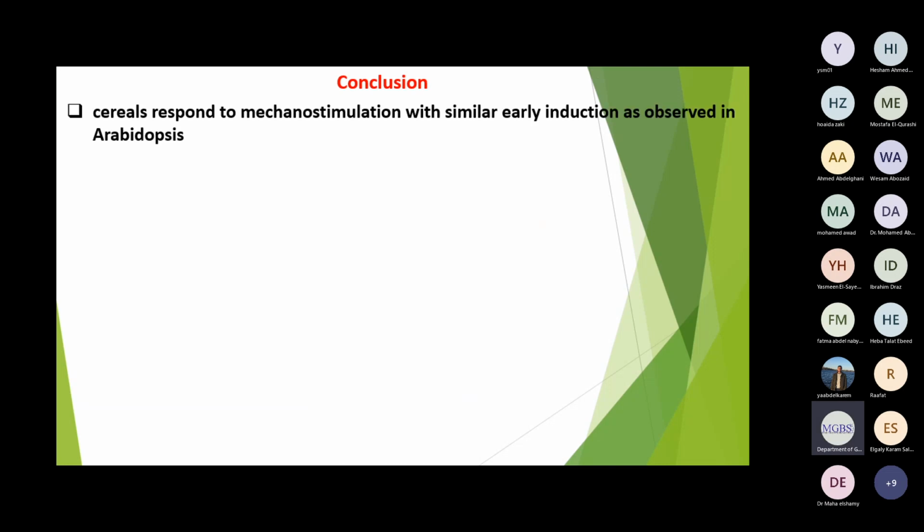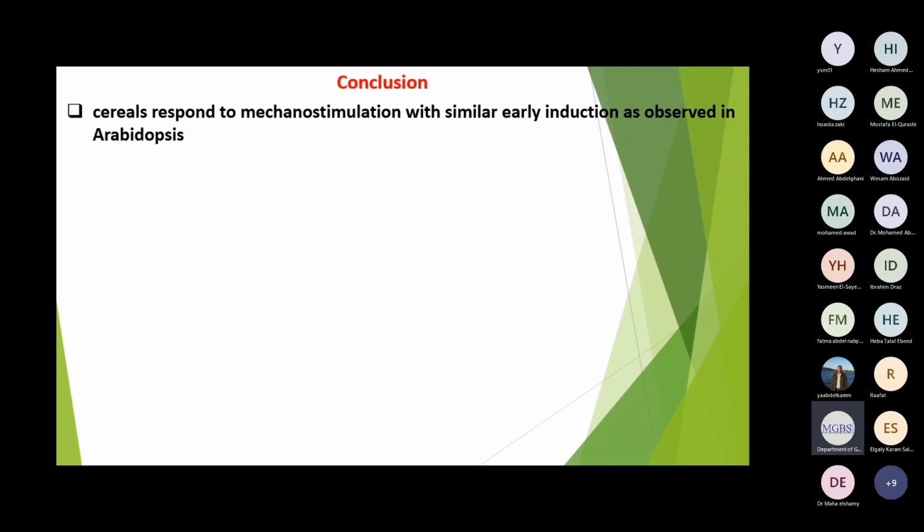So, conclusion: cereal respond to mechanostimulation with a similar early induction to that observed in Arabidopsis. It means that after about 20 minutes in Arabidopsis we have accumulation of transcripts of touch responsive genes, and the same happens in cereal.